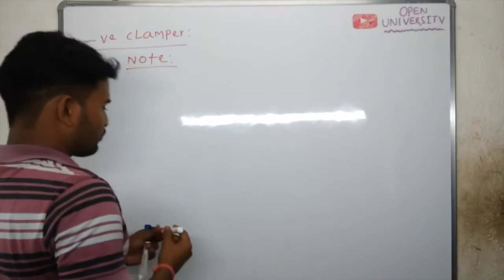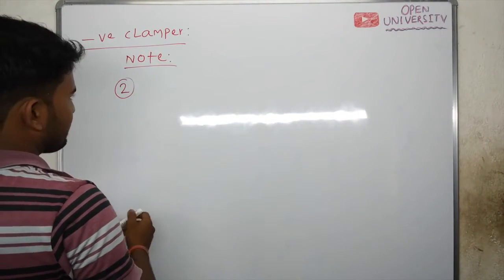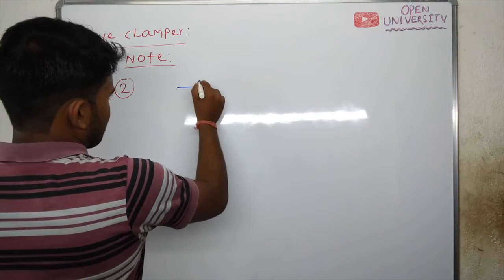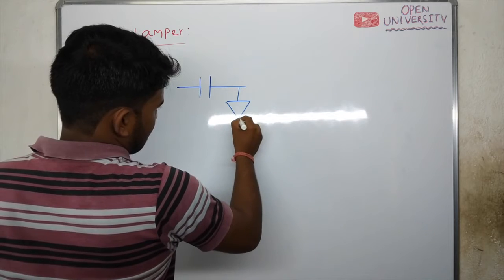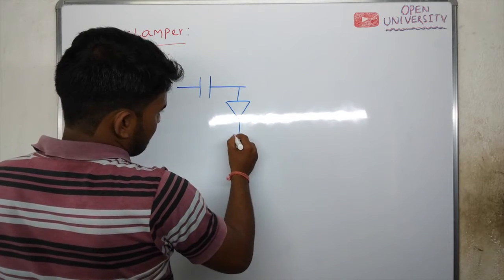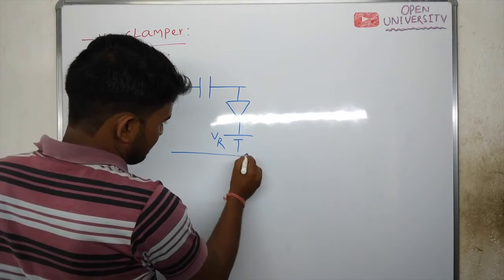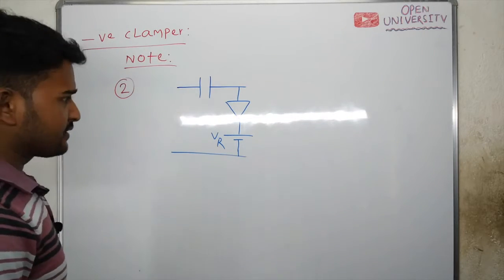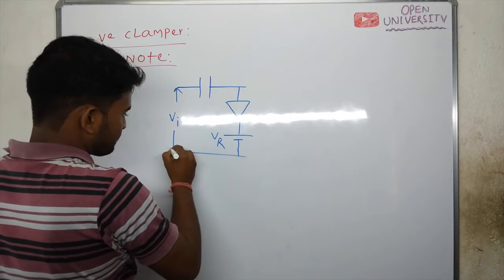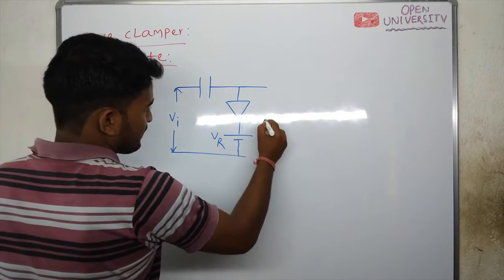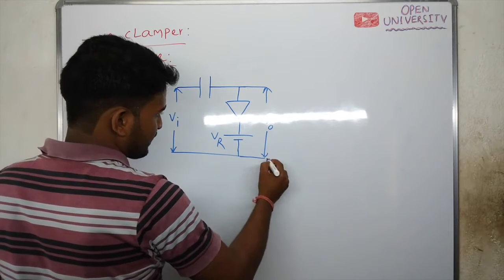Then the second node. Now, if this is Vr, the reference voltage, and this is the input voltage Vi, and this is my output voltage Vo.